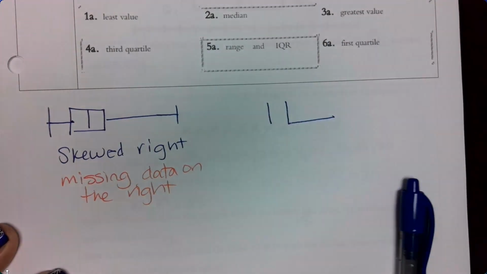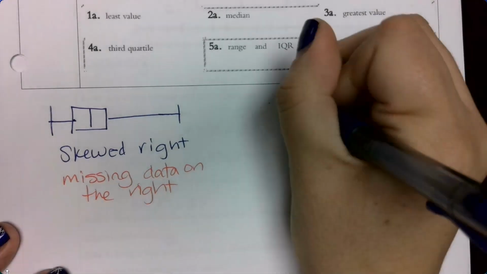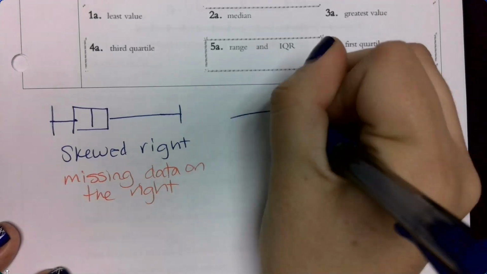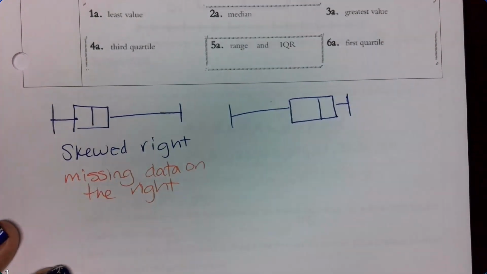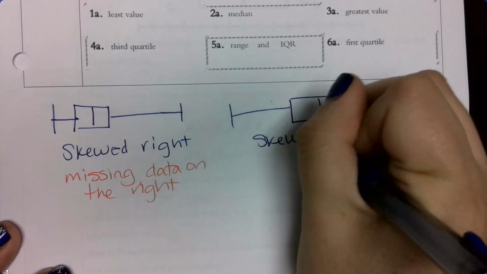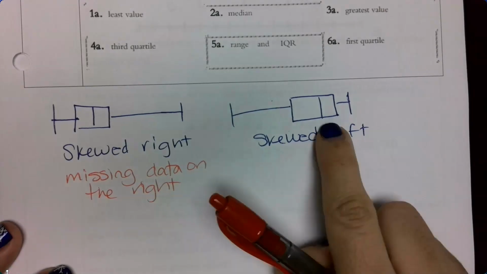Oh, that's not the way I wanted to draw that. So then what's this one going to be? So the bigger side is opposite the bigger side. Right? Because this is on the right side?